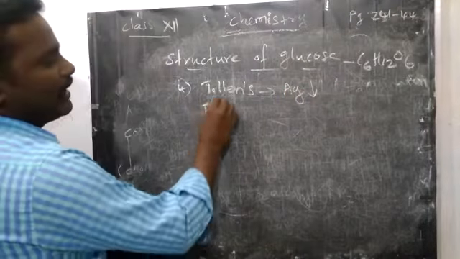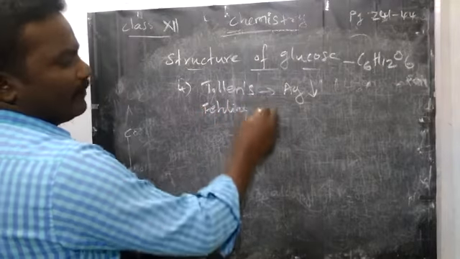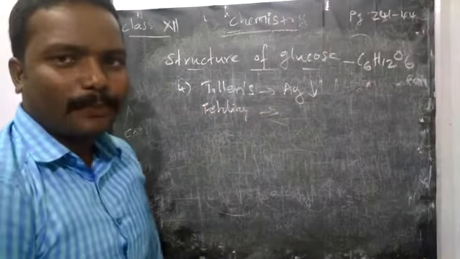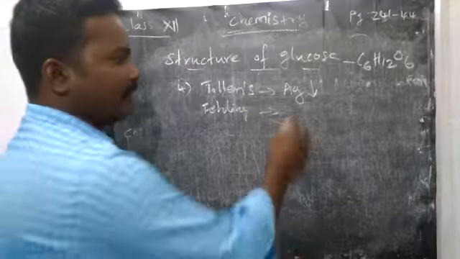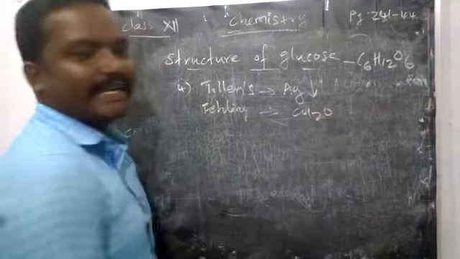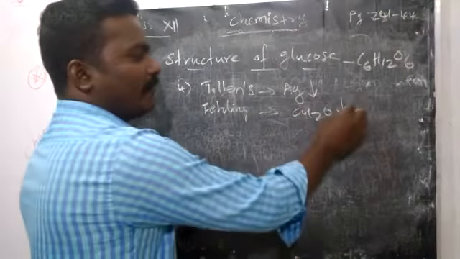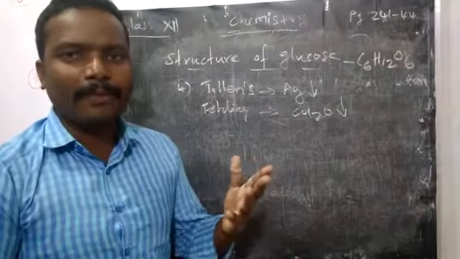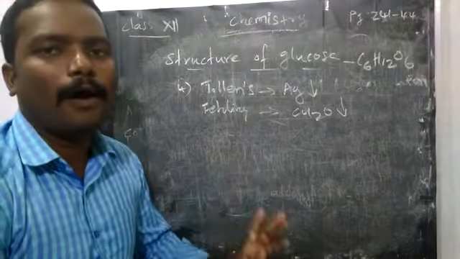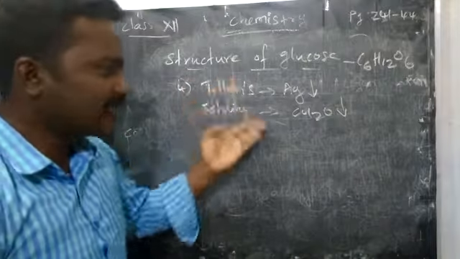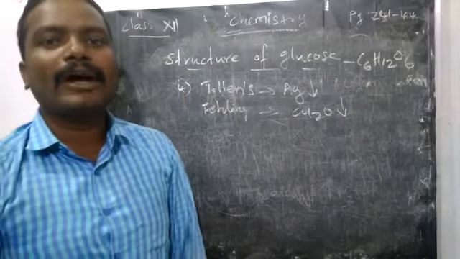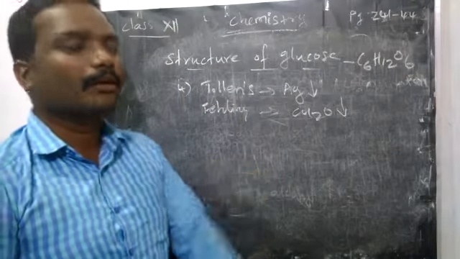Then Fehling solution, which contains copper sulfate and potassium sodium tartrate. Here also cuprous oxide, a red precipitate, will form. If it forms, we can confirm that the compound contains an aldehyde functional group. So we can confirm that the aldehyde group is present in glucose.